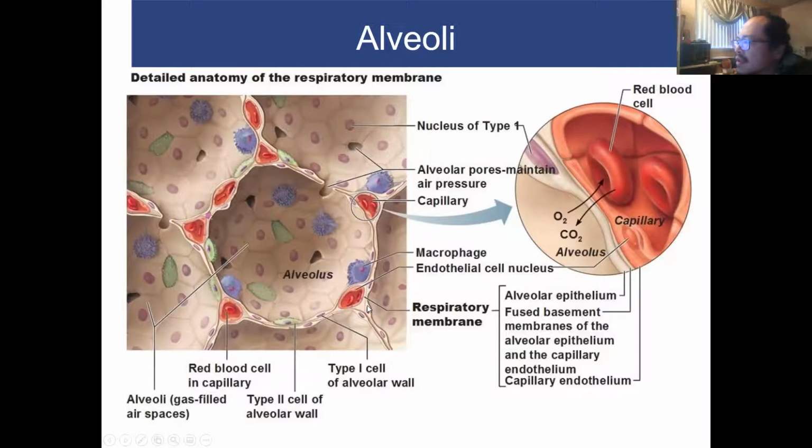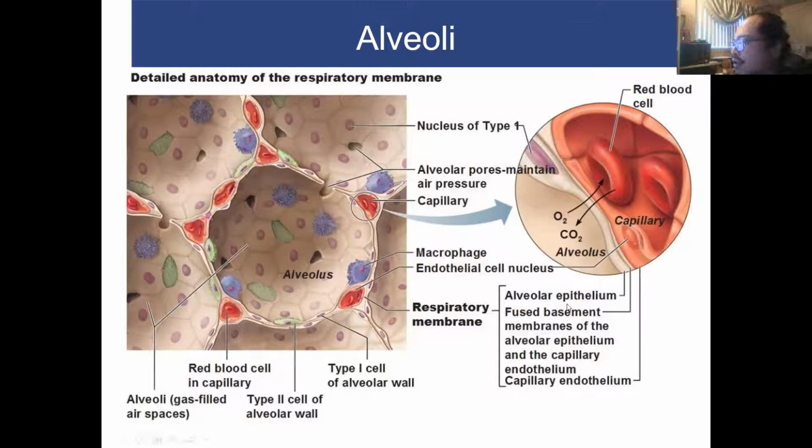This entire membrane is called the respiratory membrane, which presents the hurdle for the gas to transport between two different media, from the blood into the air, or from the air into the blood.